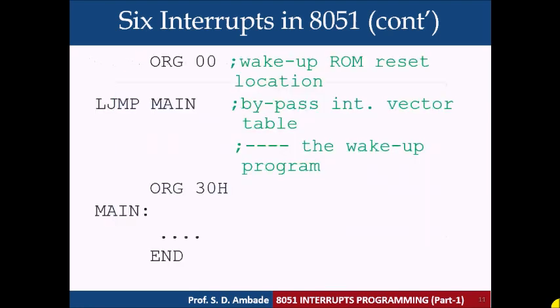So we bypass it by using LJMP main. Then there is the directive ORG 30H where our main program will start, and the label main is given, from which we write our instructions. The last directive is END. So this is the structure of how to write a program that bypasses the interrupt vector table.